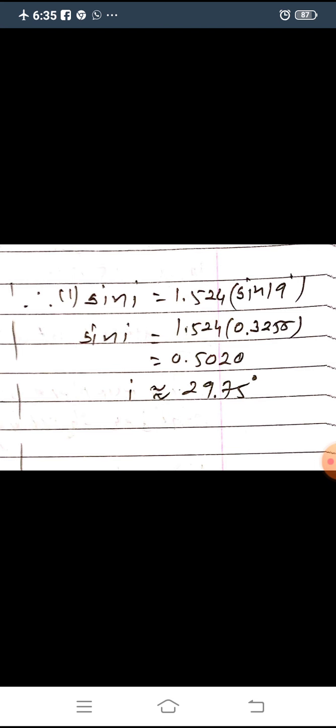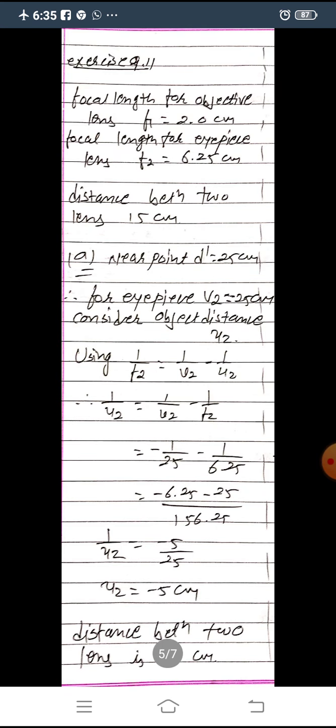Now for the example of exercise 11: the focal length of the objective is given as 2 centimeters, the focal length of the eyepiece is 6.25 centimeters, and the distance between the two lenses is 15 centimeters. This question is about the microscope.